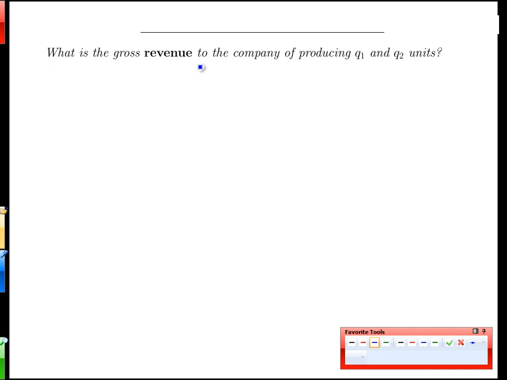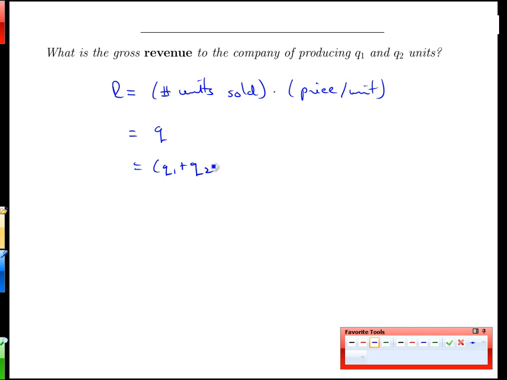What about the gross revenue? Well, we were going to sell units, so the revenue is the number of units sold times the price per unit. The number of units sold, we said that was Q, and that's better known as Q1 plus Q2.